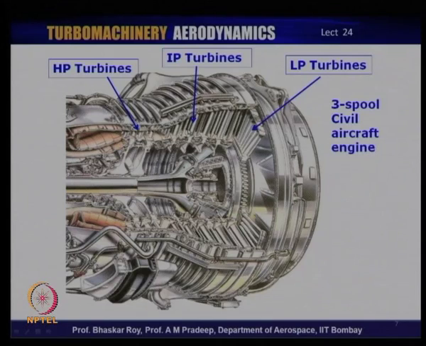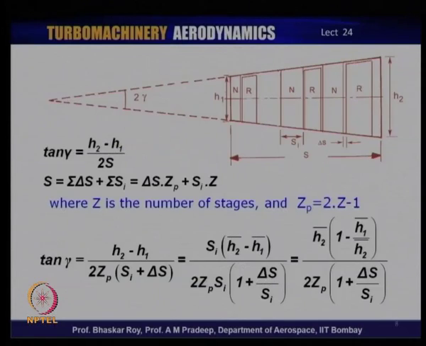So, design of turbine blades would be taken up in a separate lecture, but today we will just have a quick look at how this flow track is decided upon or designed, because as you can see, this flow track can have a strong bearing on the aerodynamics of the flow through the turbines.